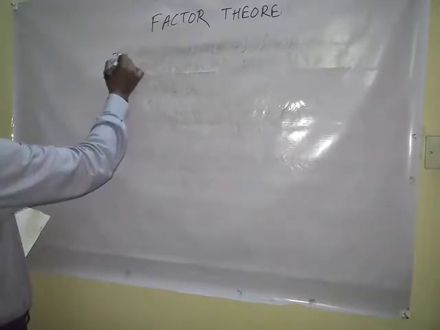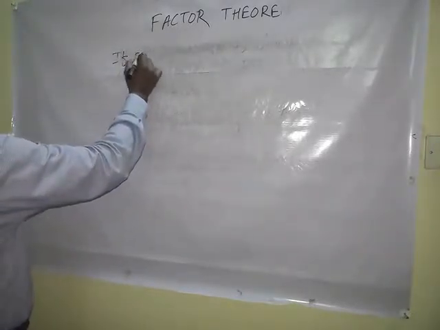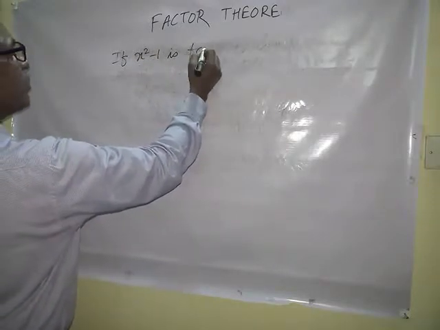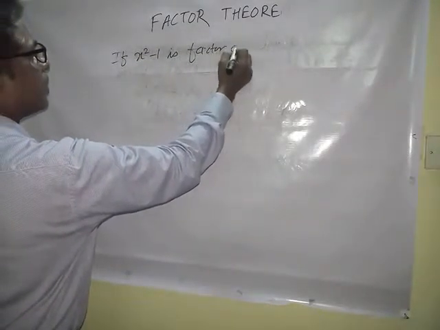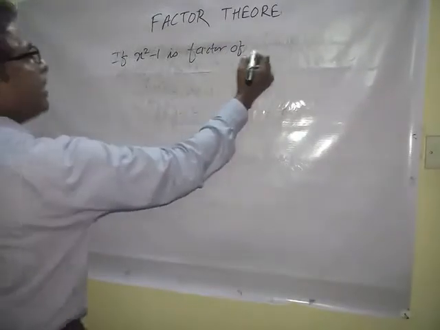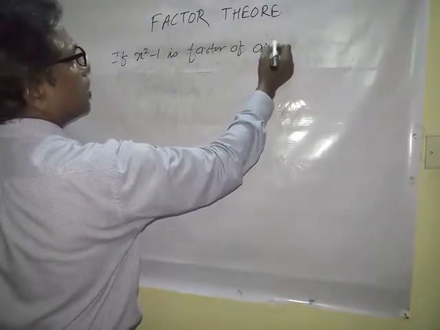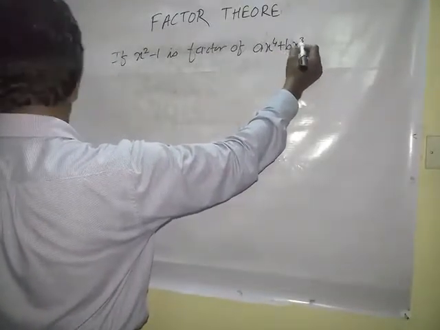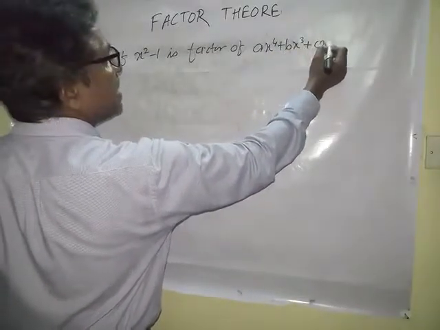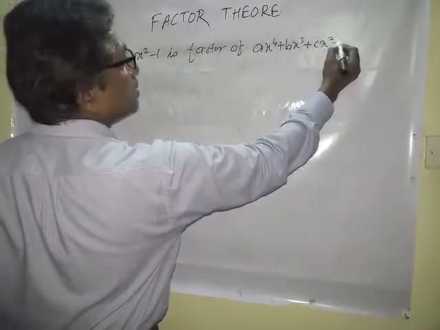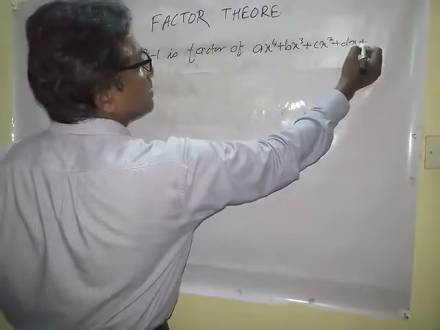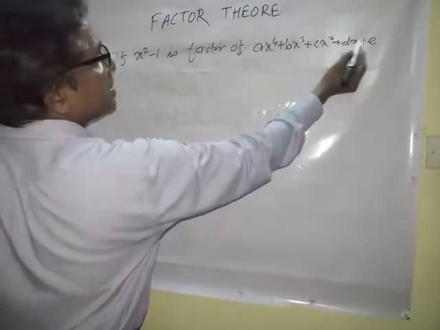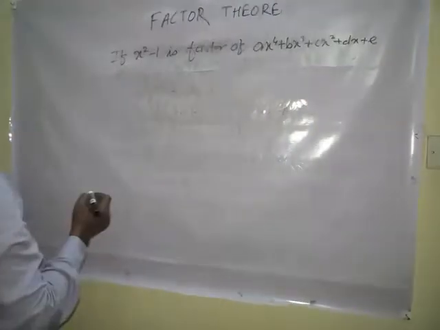Now there is another thing, if x square minus 1 is a factor of ax^4 plus bx cube plus cx square plus dx plus e. Now you see five variables are there, a, b, c, d, e.